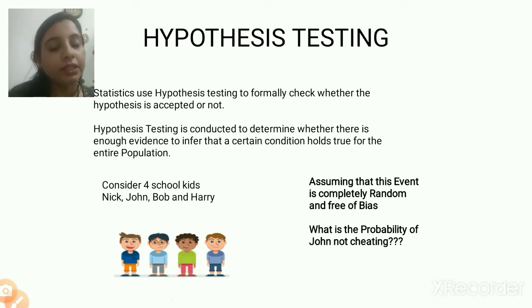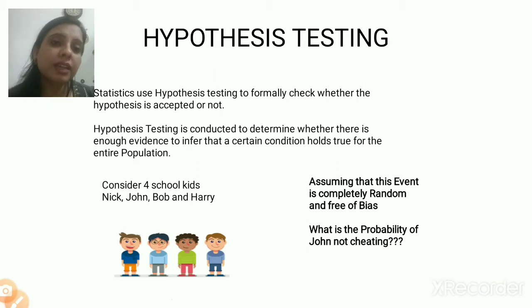Daily we will pick one chit from the bowl, and whoever's name is picked will wait after school and clean the room, and the remaining three will go home. This was the idea given by John.